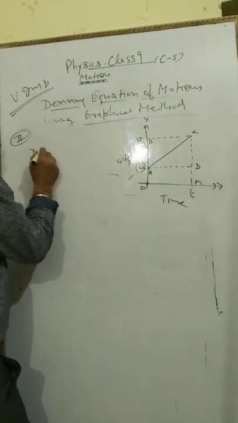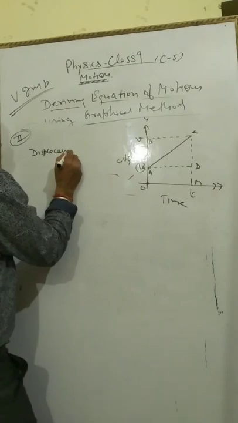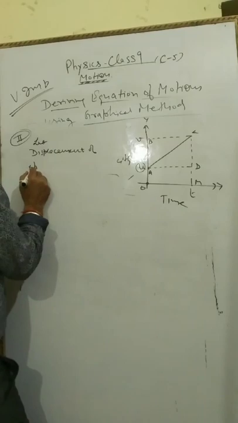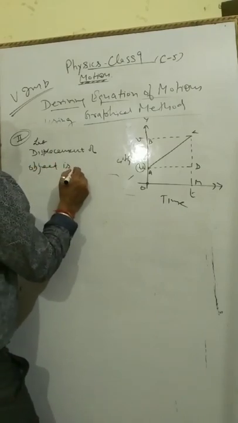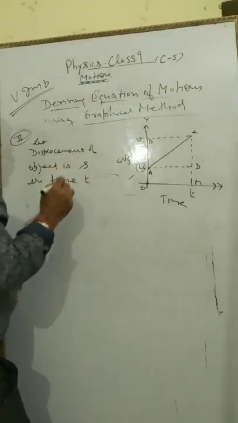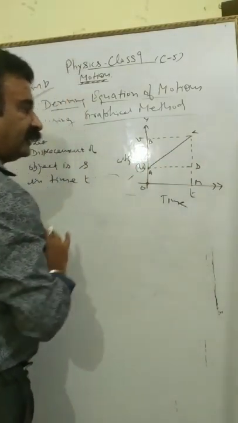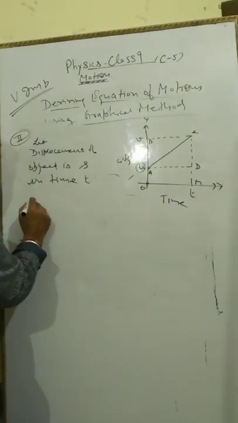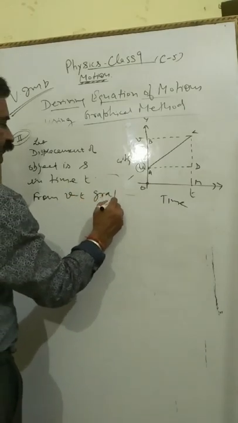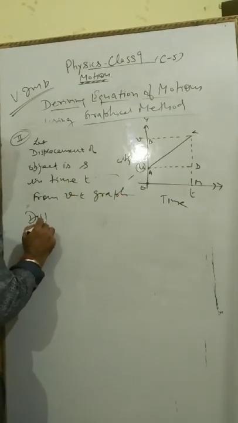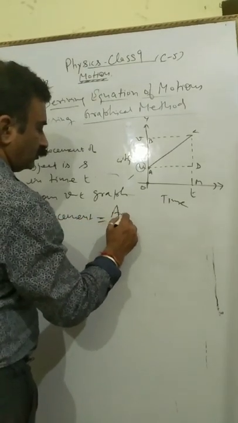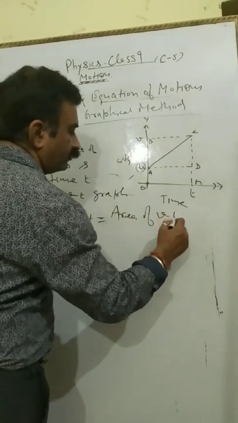So the displacement of the object is s in time t. Then from the VT graph, how can we calculate it? From the VT graph, this displacement is equal to the area of the VT graph.